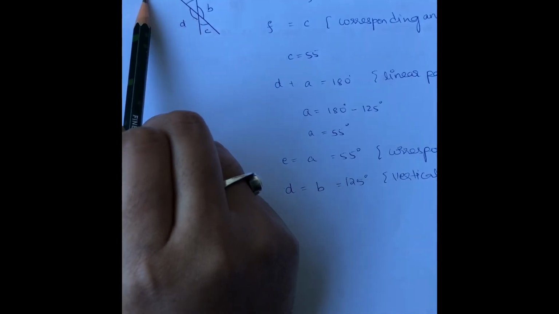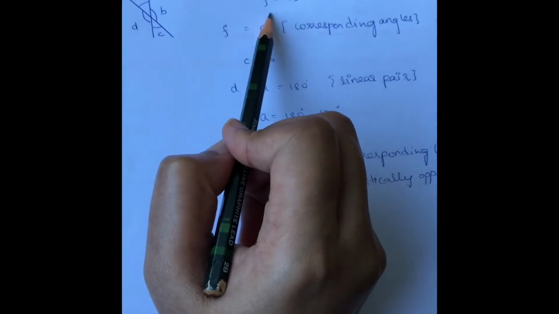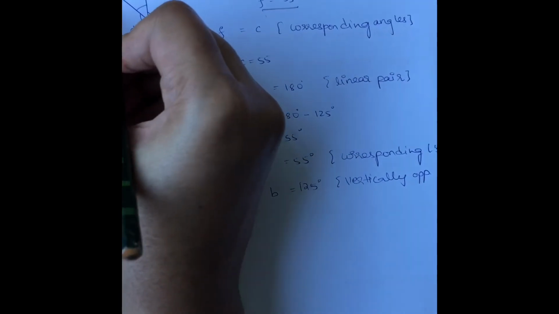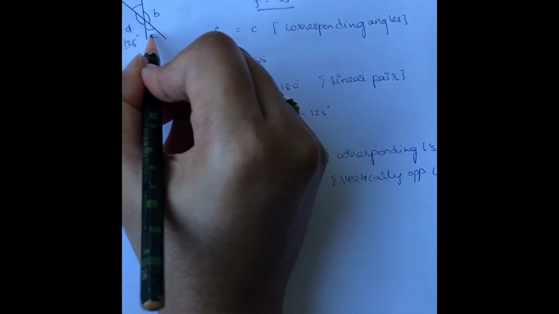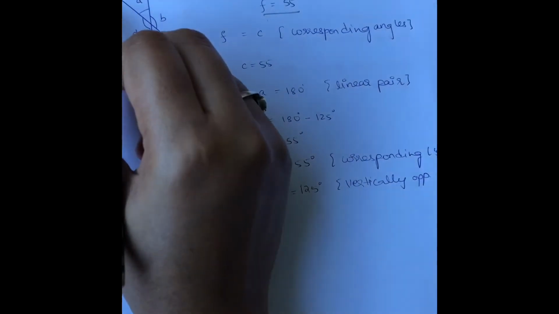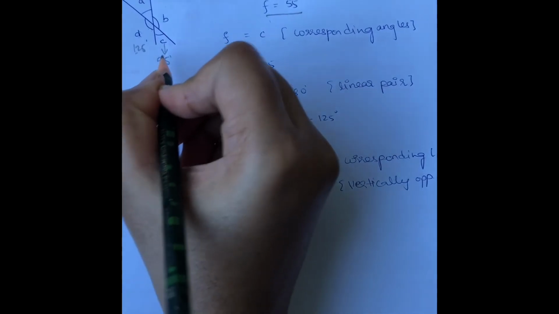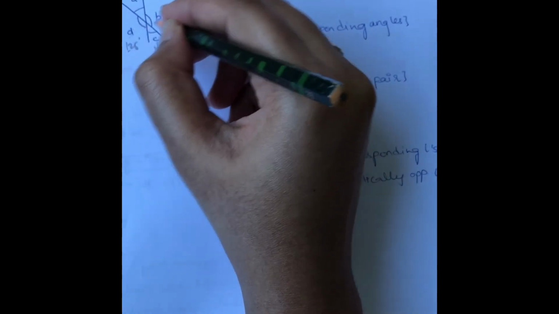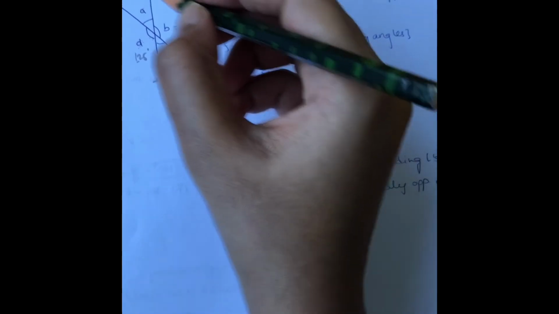So D plus F is 180 degrees, but D is 125 degrees, so F should be 55 degrees. D and C are a linear pair, or F is equal to C because they are corresponding angles, so this is also 55. And then D and B are equal because they are vertically opposite angles, so this is 125 degrees.